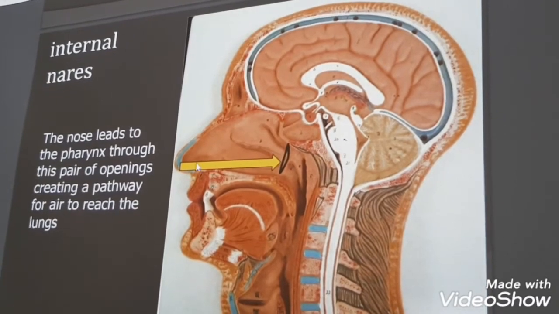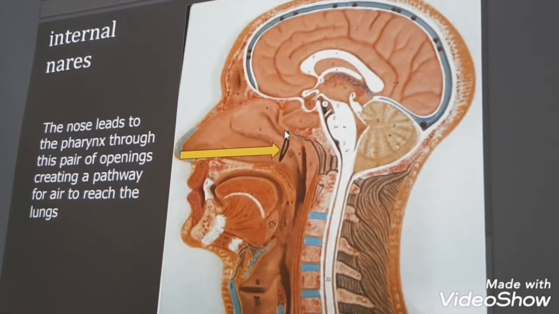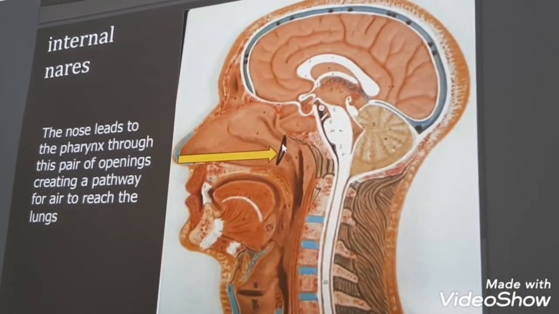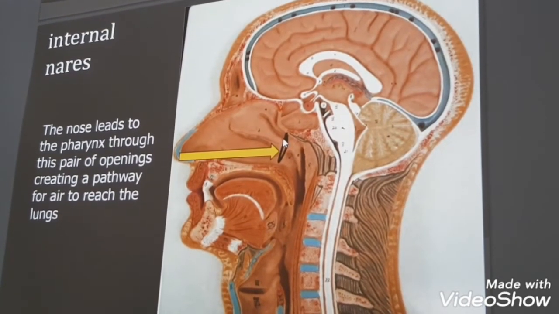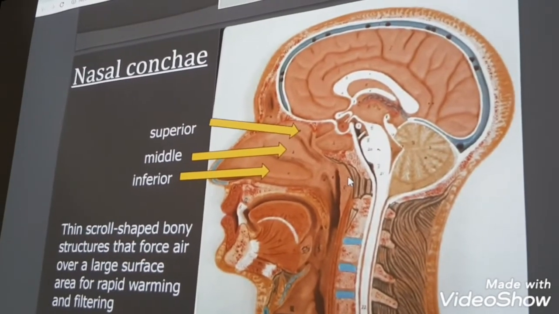So these are the internal nares, but the internal nares are posterior to the conchas and the meatus, right there. So we do have the internal nose. So there's the conchas.